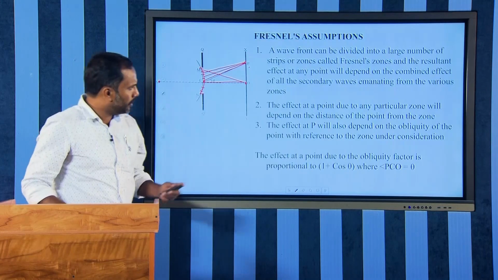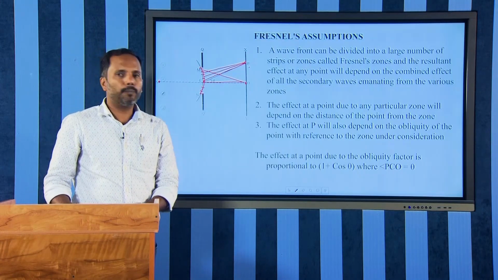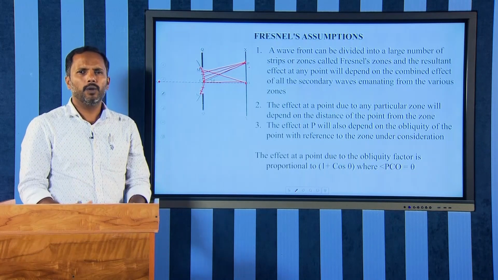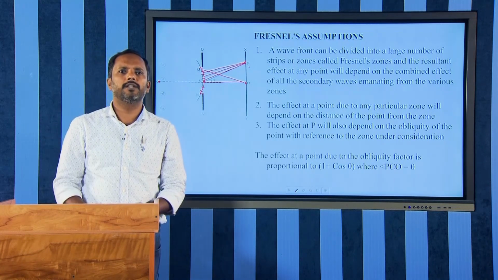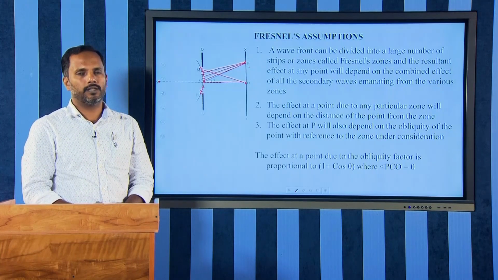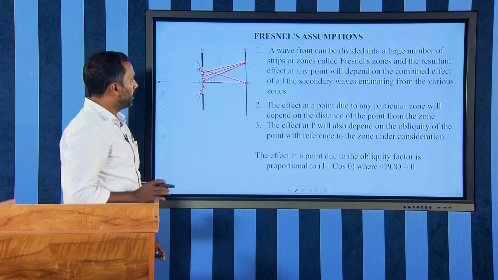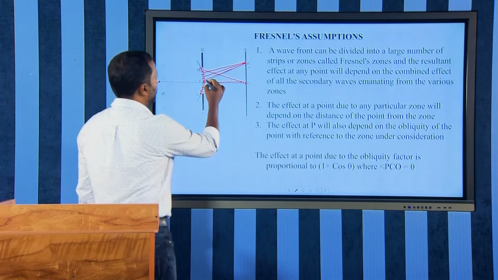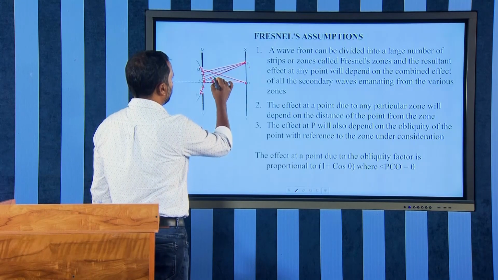And the third assumption is the effect at point P or any point will depend on the obliquity of the point with reference to the zone under consideration. What does it mean? If I consider the obliquity here, this is the obliquity, theta.